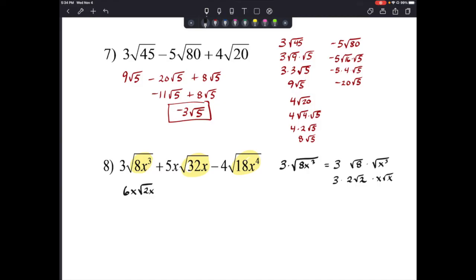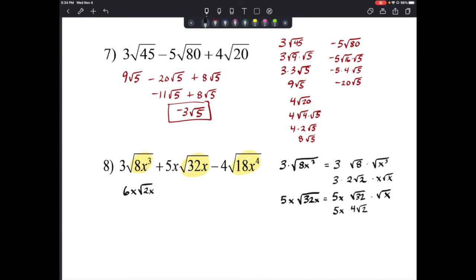Next one, we've got our 5x times the square root of 32x. So with this one here, I've got my 5x out here already, but let's do the square root of 32. And then we'll have the square root of x. So we know that that x is going to be left in there. 32 is like 16 times 2, so that's going to break down into 4 radical 2.